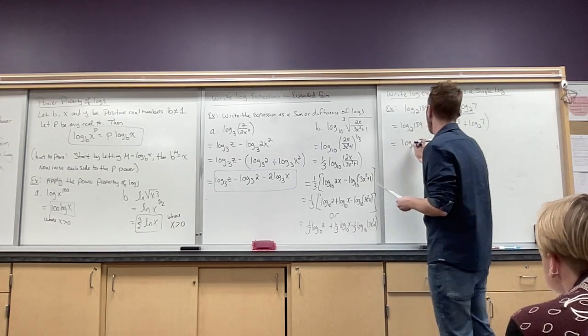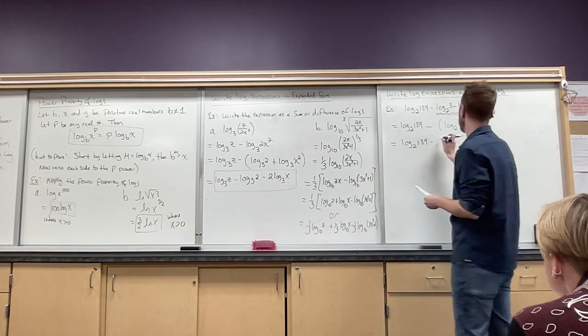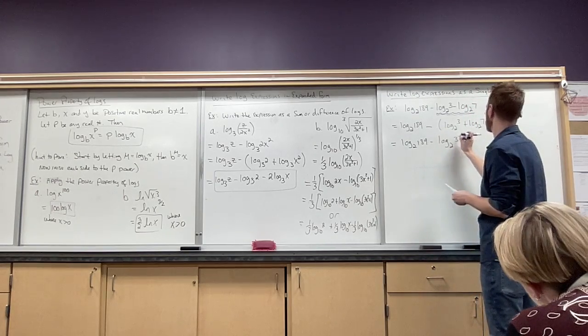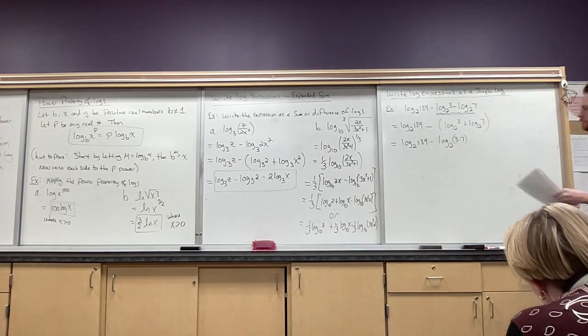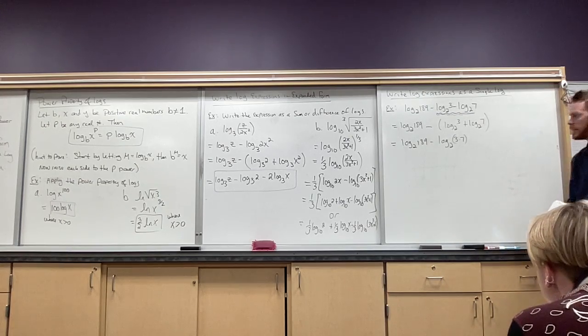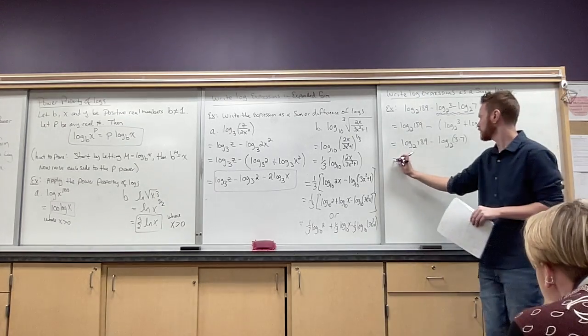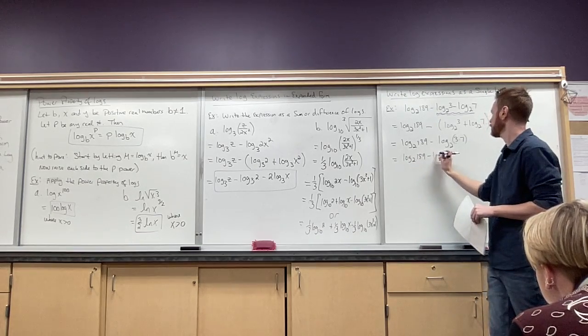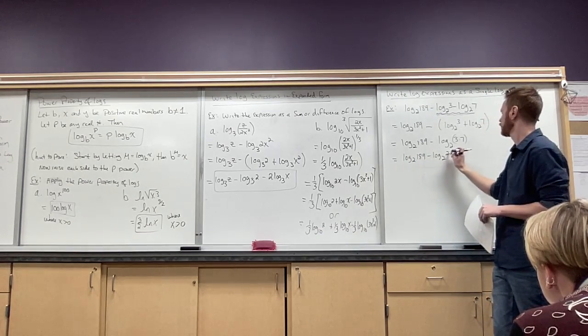Okay, so log base 2 of 189 minus, so this is going to be log base 2 of 3 times 7. Now, just for an extra step, you don't have to do this, but I'm going to go ahead and make that a 21.